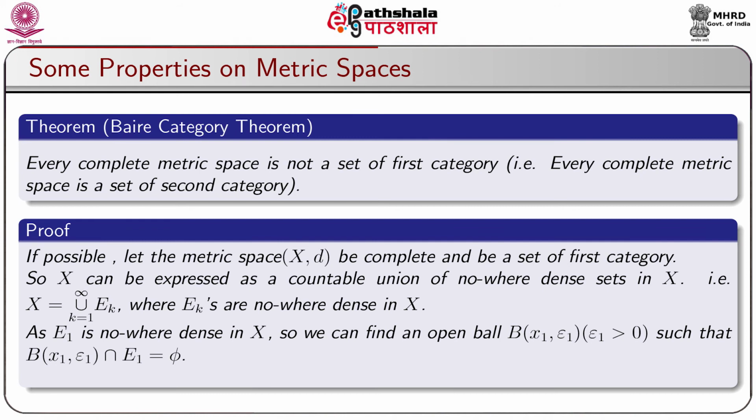As E1 is nowhere dense in X, we can find an open ball B(x1, epsilon 1), where epsilon 1 is a positive real, such that B(x1, epsilon 1) intersection E1 is equal to phi.